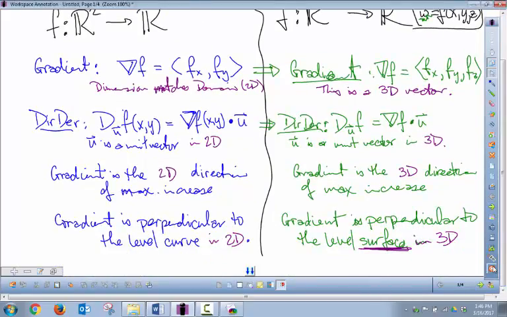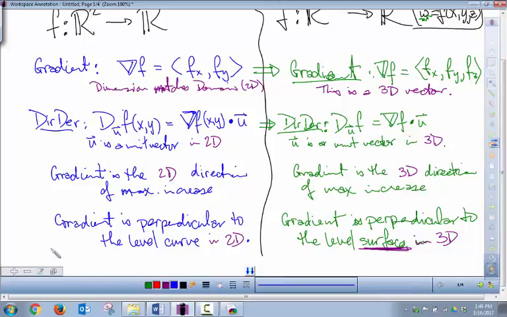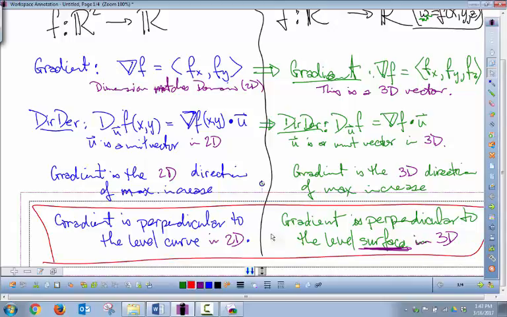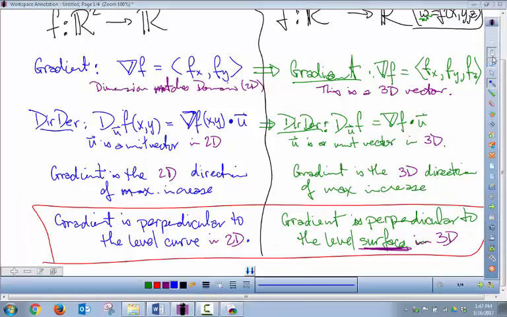These two things down here at the bottom, oh, I wanted that to be red. So these two facts in the bottom kind of give some idea of how to relate the gradient with a tangent plane.